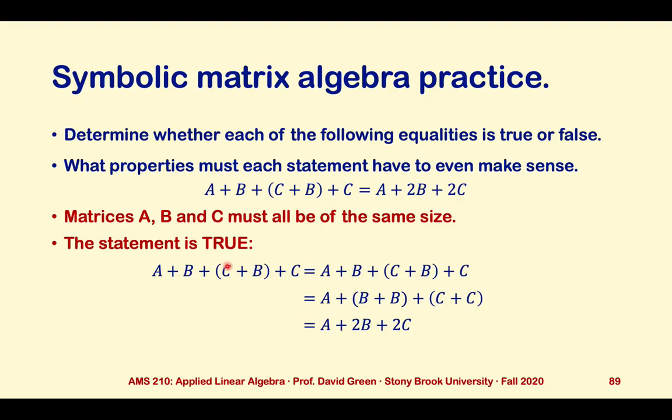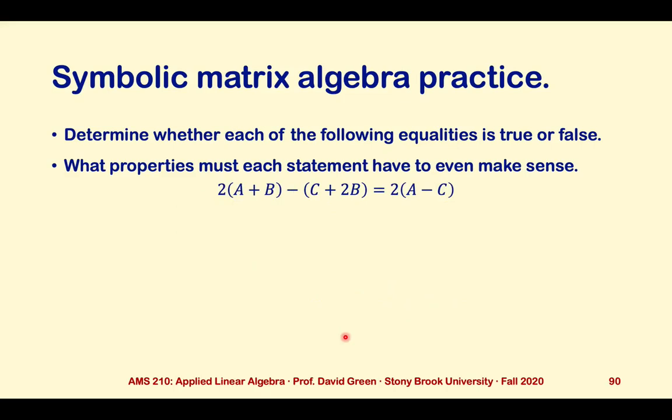We can add C and C together first, and then B and B together, and then add A. These are equivalent expressions. And B plus B, of course, is the same as 2B, and C plus C is the same as 2C. We get, by a very simple manipulation, the same result that we have here.